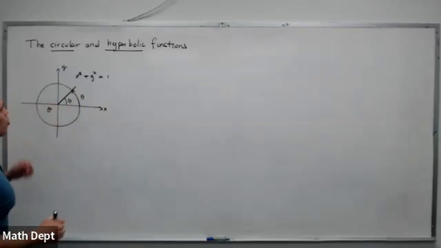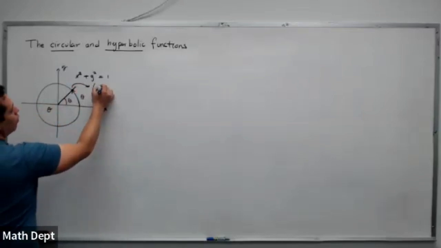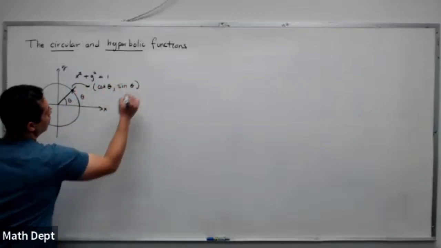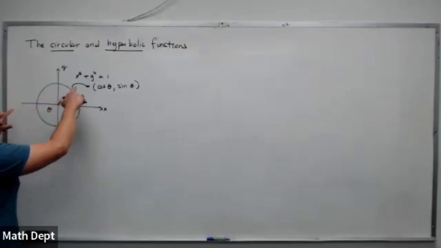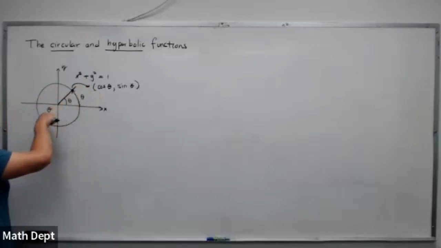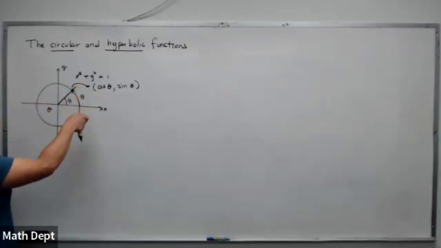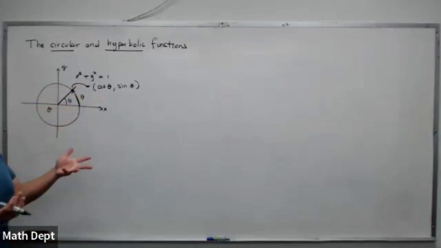In other words, we can capture and define the point of intersection, the unique point of intersection with the unit circle in terms of cosine of that angle. That's how we define it, especially.